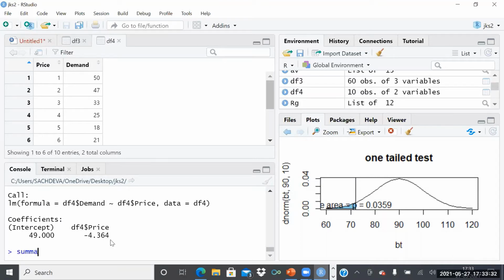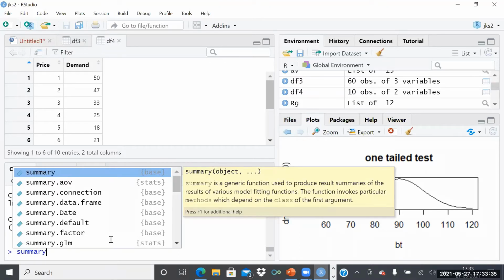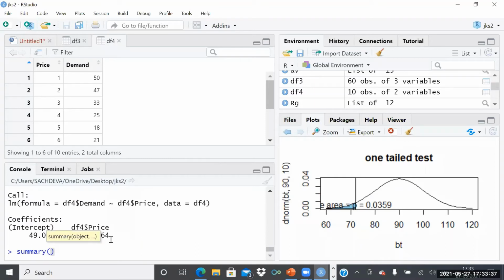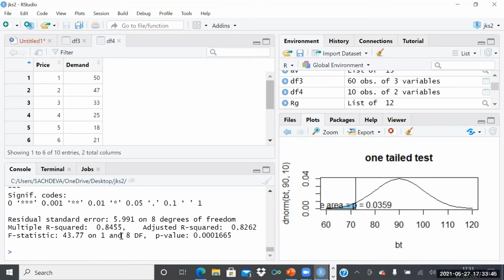But we want to test it. So you will write summary of RG. Then it will give the ANOVA table summary. It has given you R squared, adjusted R squared. What is the meaning of R squared? R squared is 0.8445. It means 84.55% of demand is explained by price.